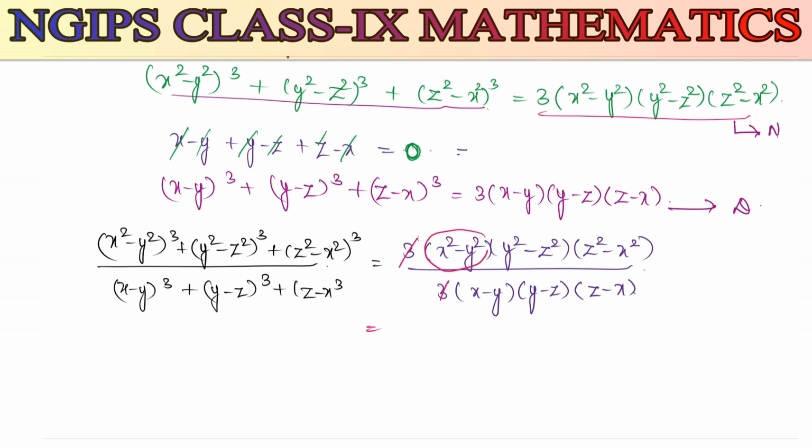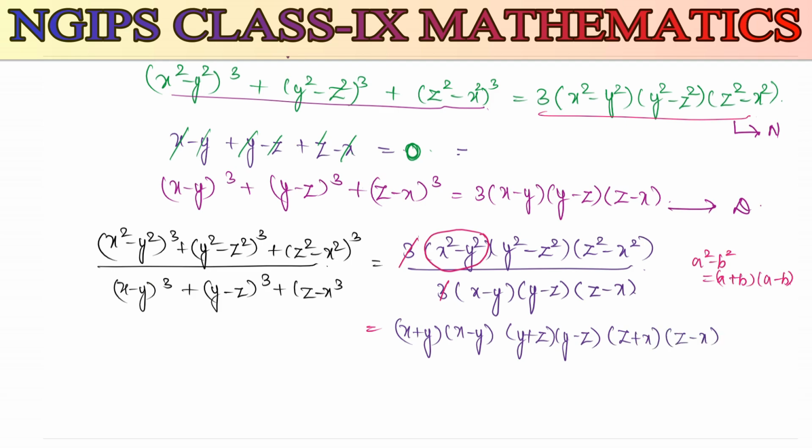Now x² − y² is in the form a² − b² = (a + b)(a − b), so we can apply this formula. We get (x + y)(x − y). Similarly, y² − z² is (y + z)(y − z), and z² − x² is (z + x)(z − x), all divided by (x − y)(y − z)(z − x).